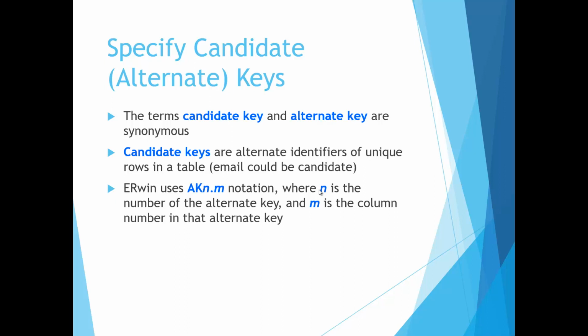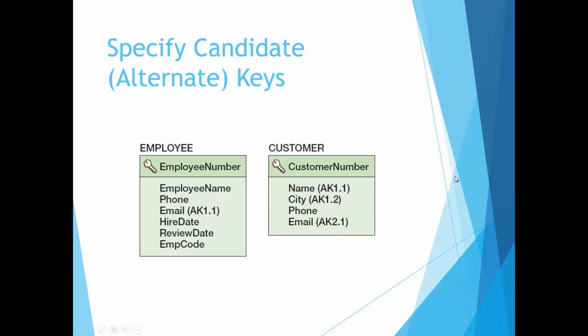If none of them work, we create our own surrogate key. Those alternate keys are identified in the design with AKN.M, so AK, and then the notation N, where N is the number of the alternate key and M is the column number in that alternate key.